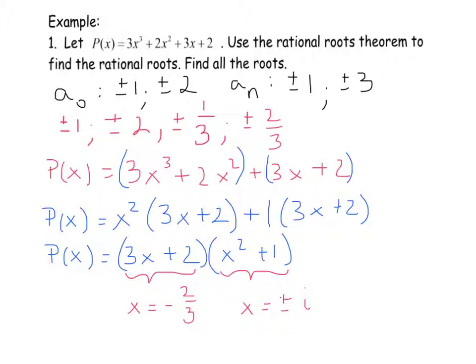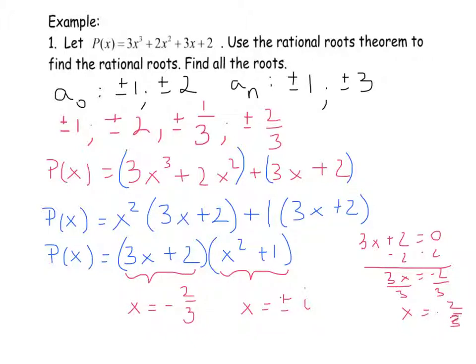I'm going to write it to the side here: 3x plus 2 equals 0. Subtract 2, so 3x is negative 2, and if I divide by 3, I get x equals negative 2 thirds.